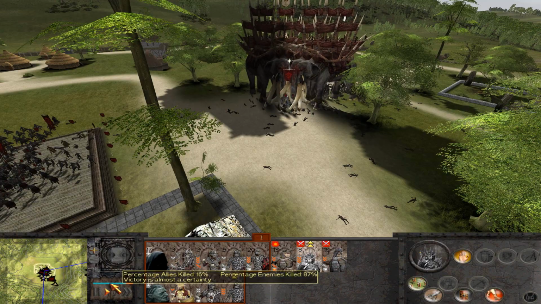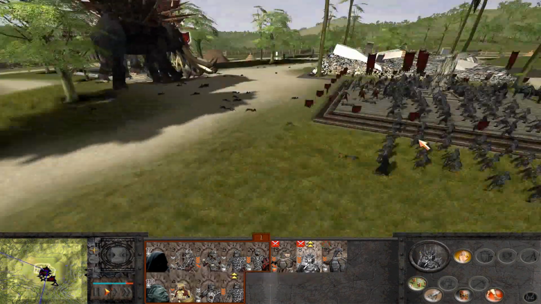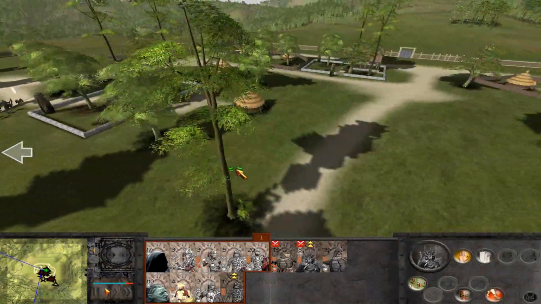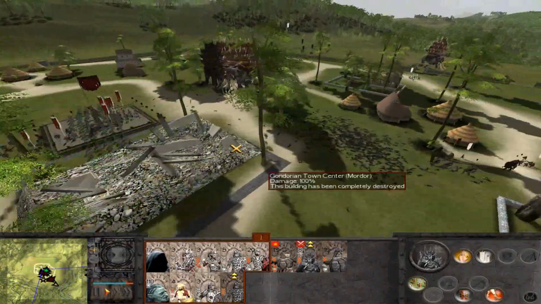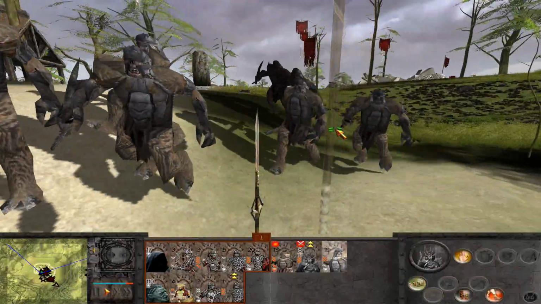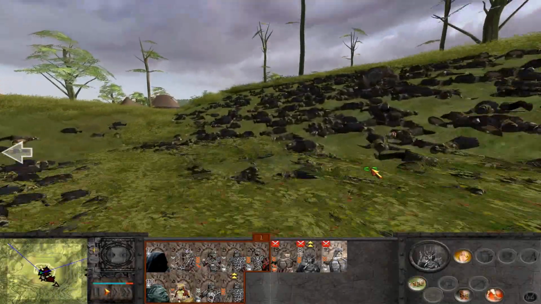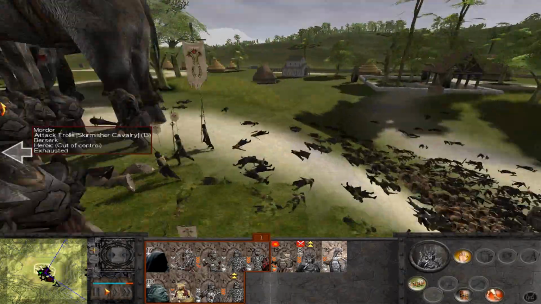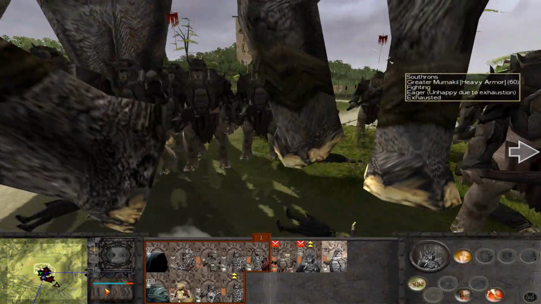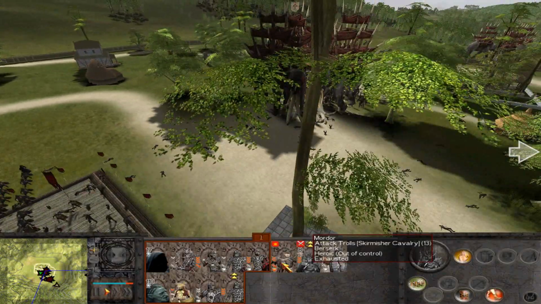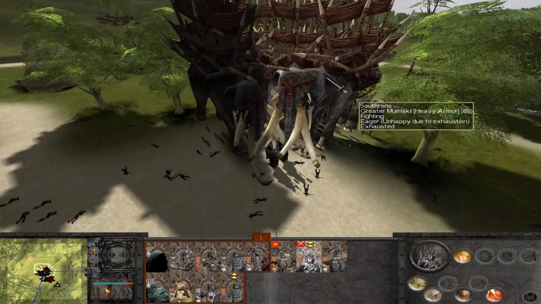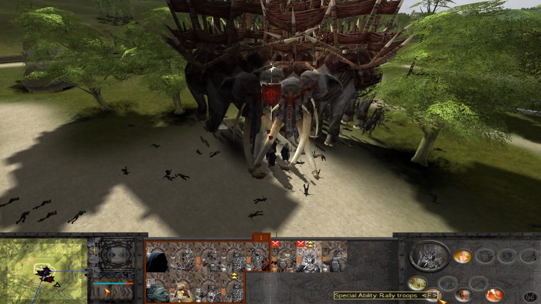Now we lost 7%, we killed 16%. Trolls are victorious over here. Very good. All of these troops died. Sauron needs to take out their Mumakils.